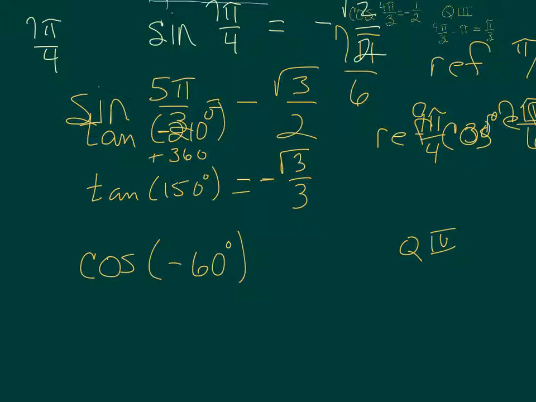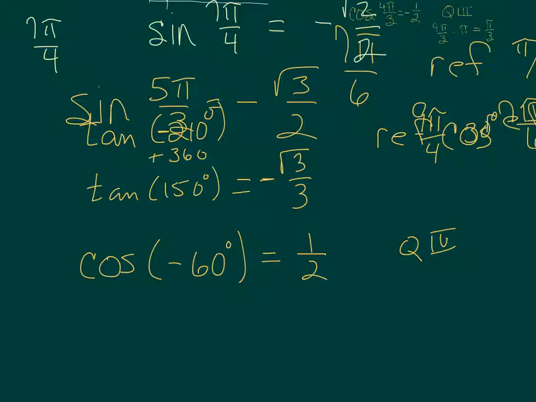You could, but this one is already an acute negative angle, so you don't even really have to do that. So what is the cosine of negative 60 degrees? That would be 1/2. It's positive because it's quadrant 4, yes.